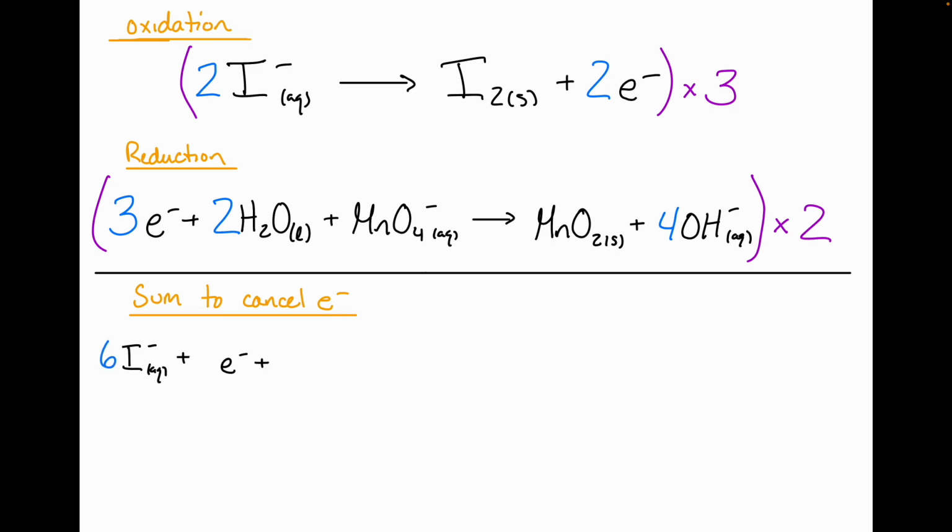I got 6 iodide ions and 6 electrons. We'll make 4 waters and 2 permanganates. These will react to form 3 iodine molecules. We got my 6 electrons.